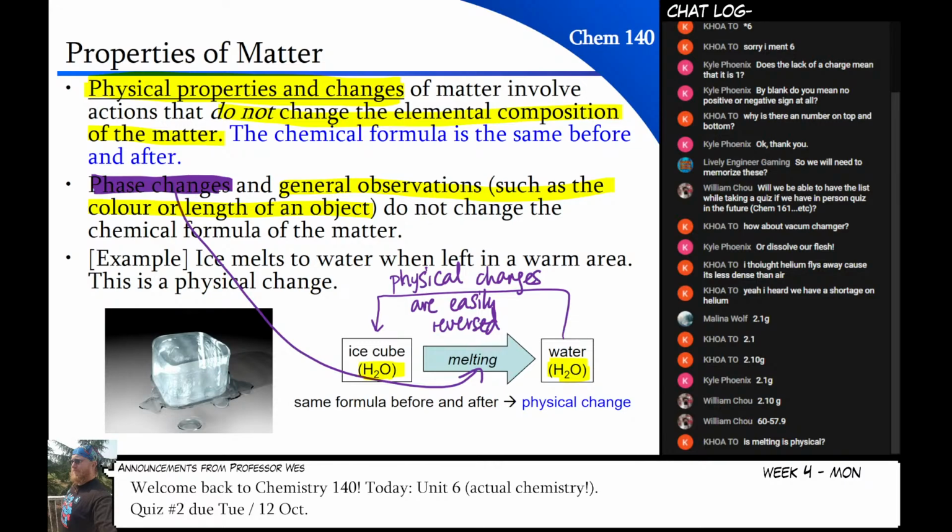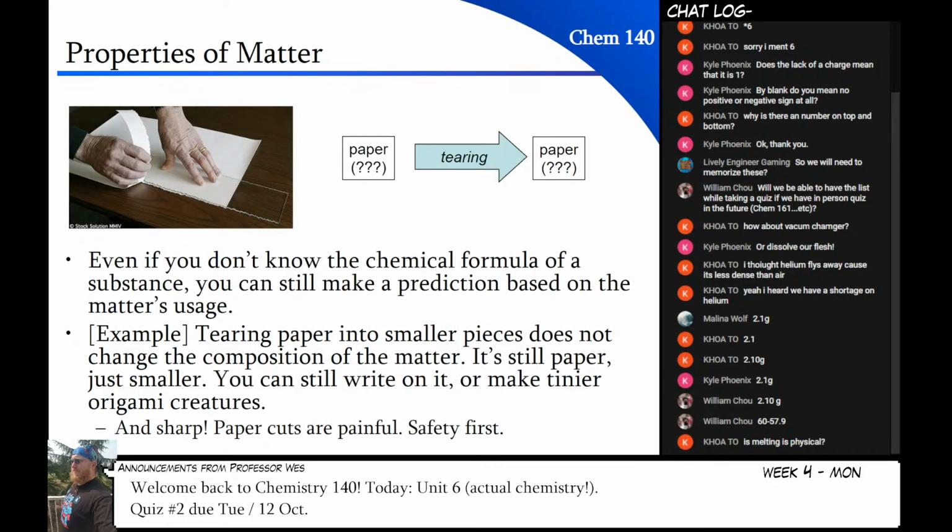If you have a piece of paper and you tear it, can you revert it back to normal paper? Yeah, you can. You just tape it on the other side that you don't want to write on, and it'll function like a piece of paper, right? Now, you can't rebond all the chemical bonds that you tore, but overall, it's still paper, right? So we show that on this next page here.